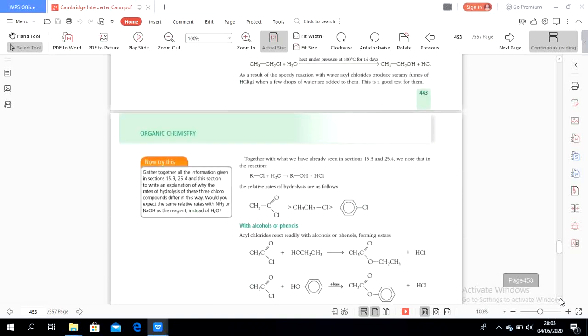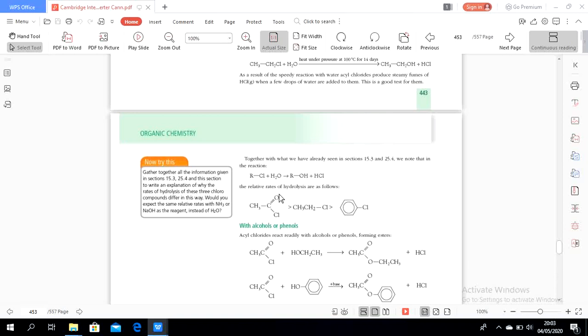Okay, let's see. Together with what we have already seen in the previous section, in the AS level and also in this A level 25.4, we note that in the reaction of RCl plus water, it becomes alcohol and HCl.